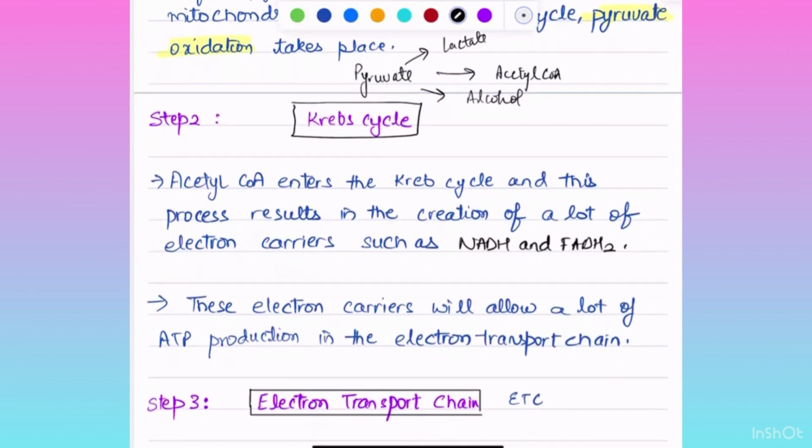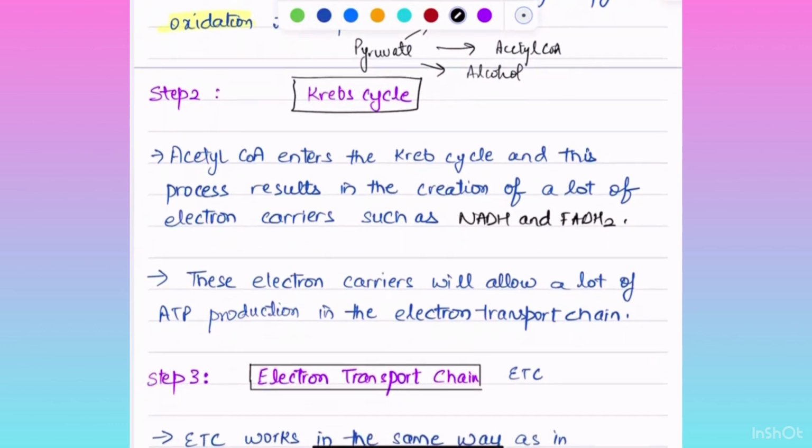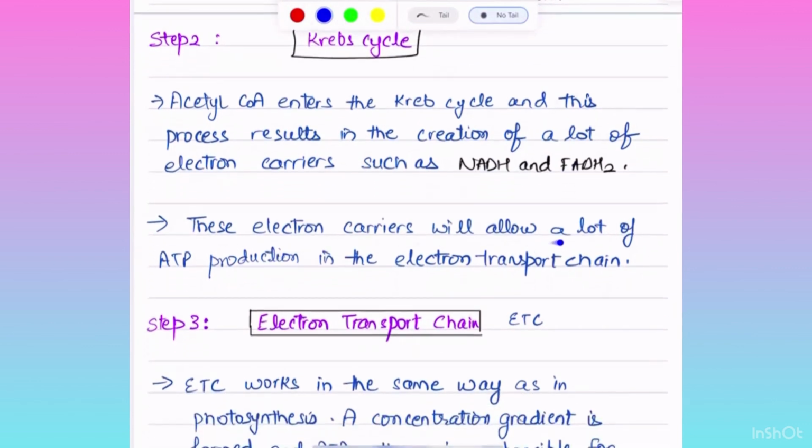Now coming back to the topic, step 2 of cellular respiration is the Krebs cycle. This acetyl CoA enters the Krebs cycle, and this process results in creation of many NADH and FADH2 molecules, and these electron carriers will allow a lot of ATP production in the electron transport chain. Now you may wonder how NADH and FADH2 will convert into ATP.